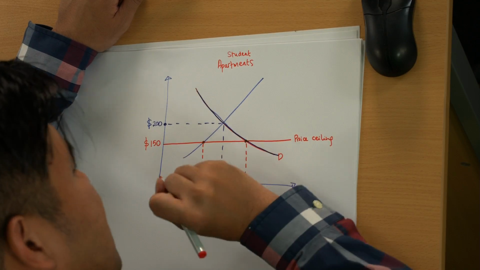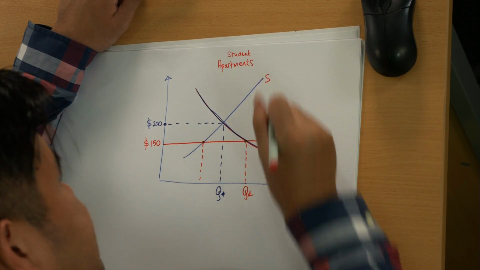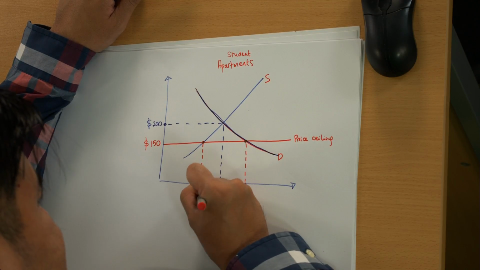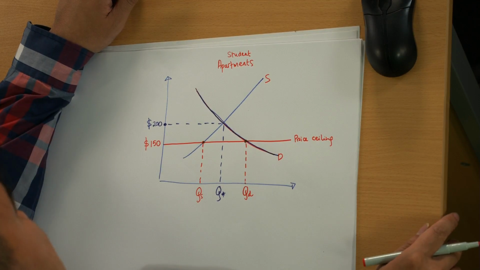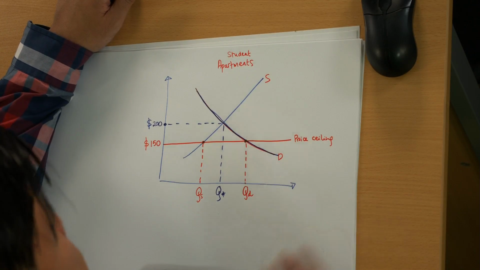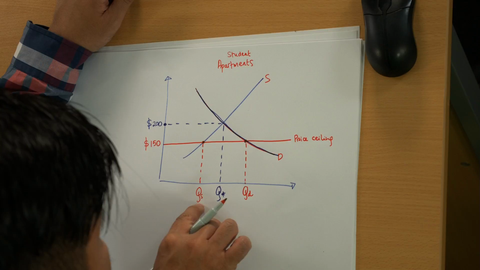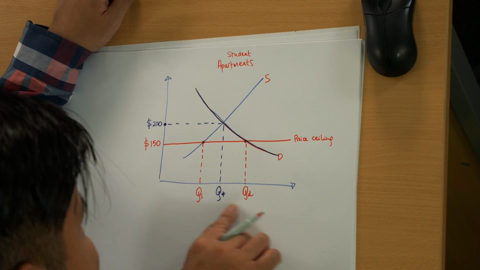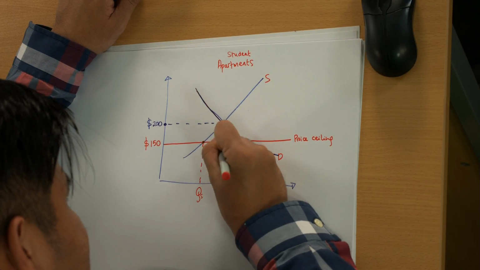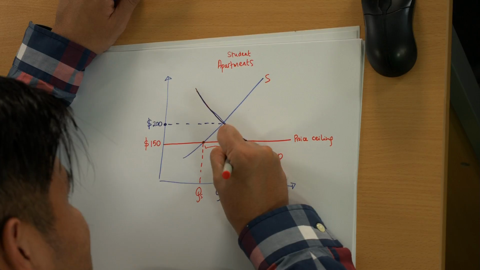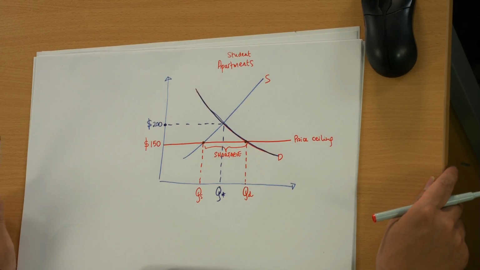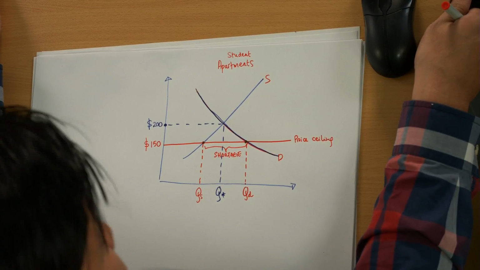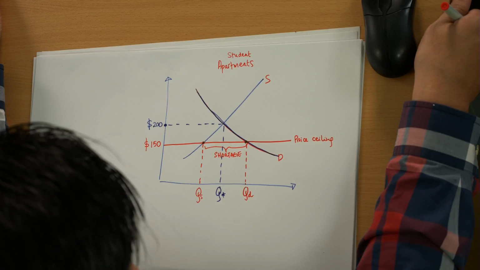But the owners of the apartments say, no, $150 is too cheap, I'm going to use my property for something else. Quantity supplied for student apartments goes down. Is that okay? And there's a shortage of student apartments. If you're one of the lucky students that can get an apartment at $150, you are lucky, guys.